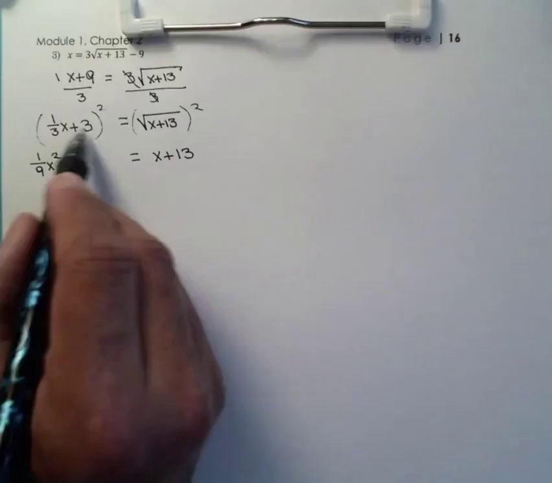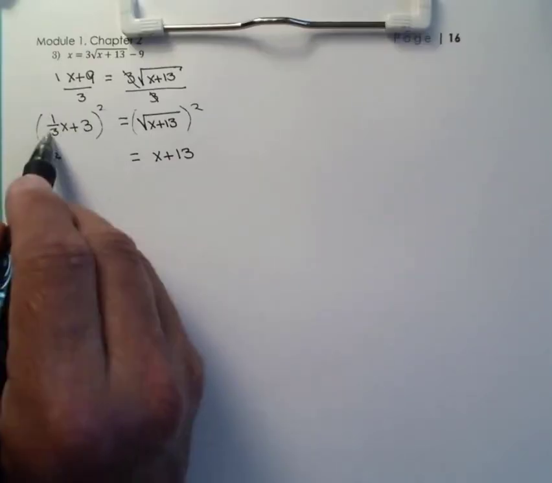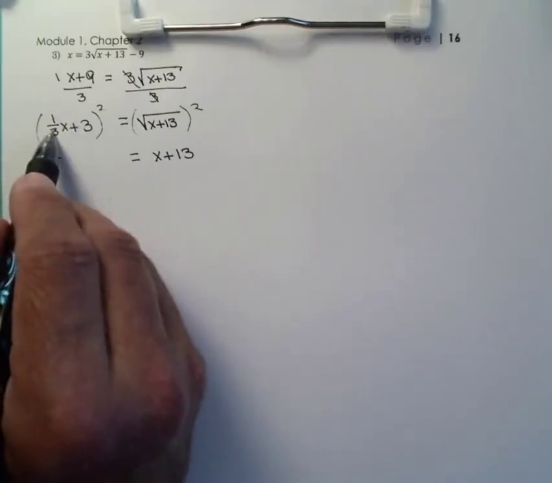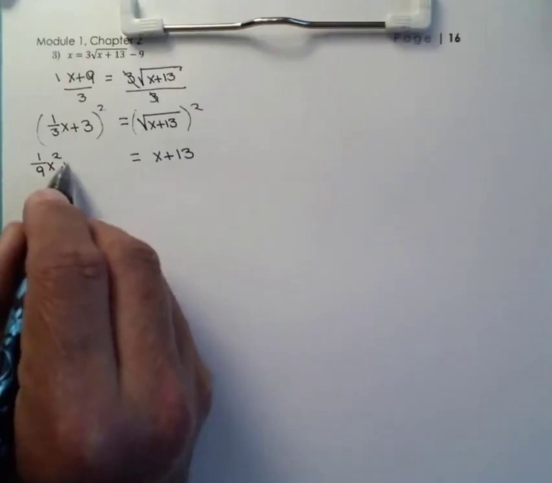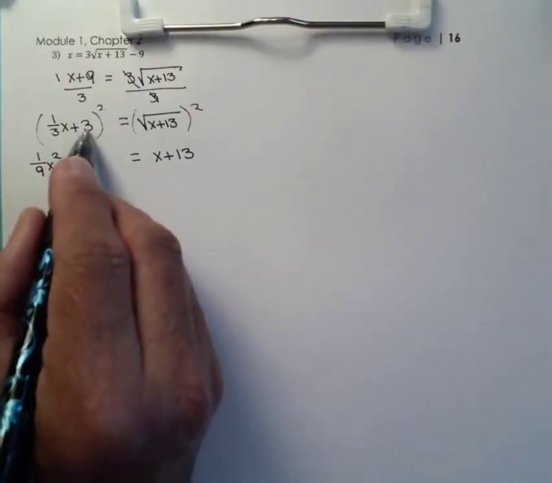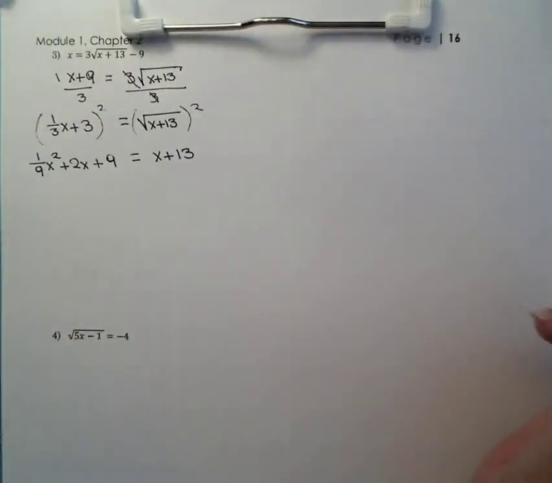I'm going to multiply these two terms together. When I say 1/3 times 3, I end up with 3 over 3, which is 1. So I end up with 1x. Well, if I double that, it's 2x. And then I'm going to say 3 times 3. Well, that's 9. Now, you can write this out and go through the steps, but you've got to get quick at it. So you're going to want to practice that until you get it in your head.